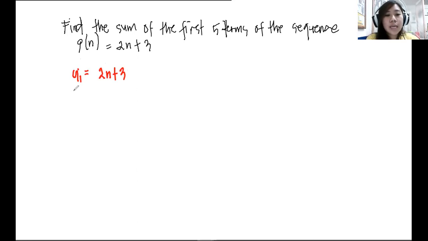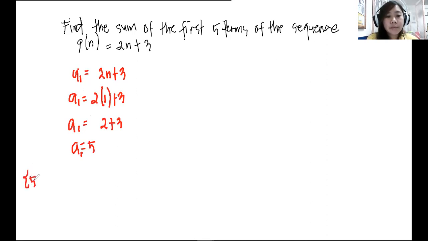Okay, so A sub 1, we need to substitute 1, or the first term, to the formula 2n plus 3. A sub 1 is equal to 2 times 1 plus 3. So A sub 1 is equal to 2 plus 3. Then A sub 1 is equal to 5. So our first term is 5.